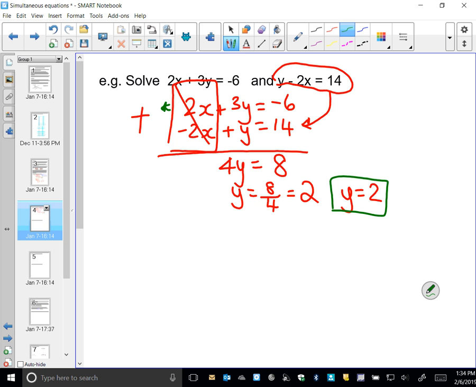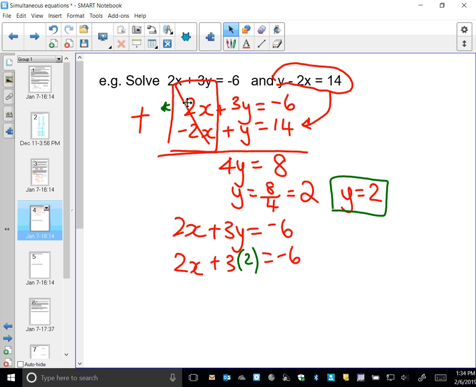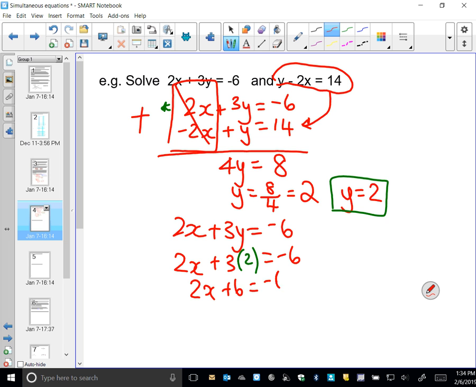So I've written it out, and now I'm going to say that 2x plus 3 lots of 2 is equal to negative 6. Okay, so I've substituted in my value. So 2x plus 6 equals negative 6.